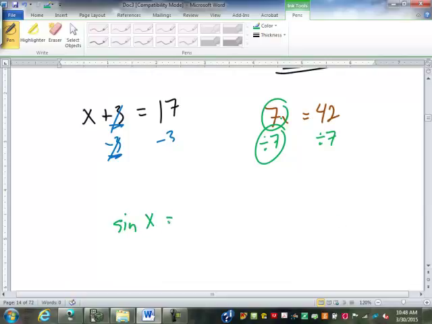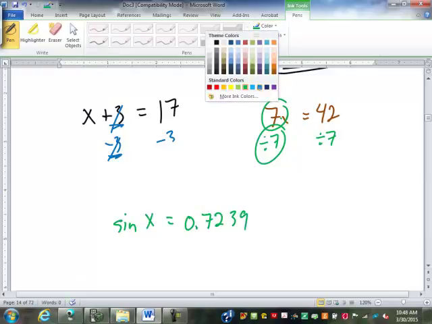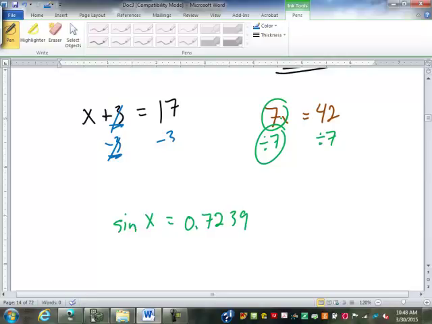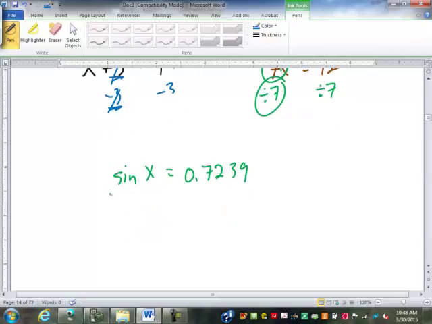Let's say I have an equation like this. Sine x equals 0.7239. Sine is an operation of itself, just like multiplication, division, addition, subtraction. The inverse of sine is the inverse sine. So what you have to do here is use that sine -1 key. It cancels that out.